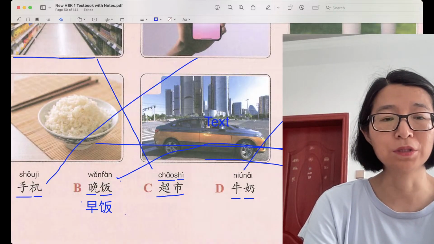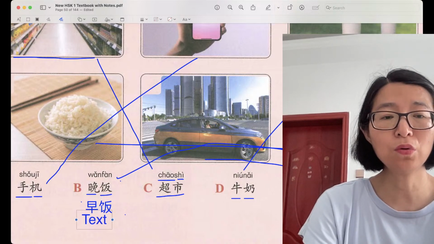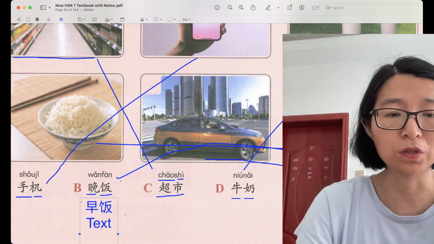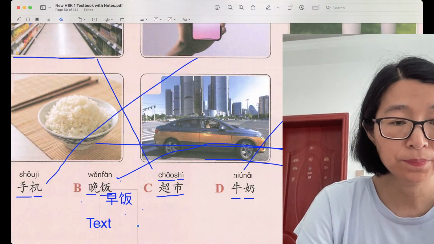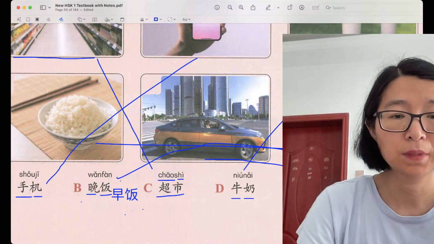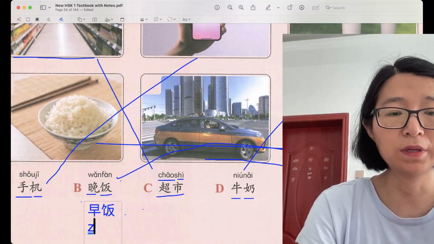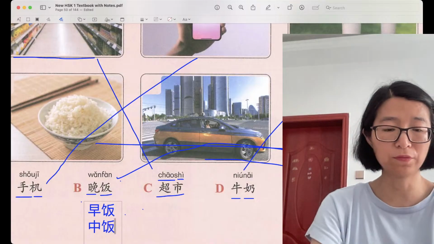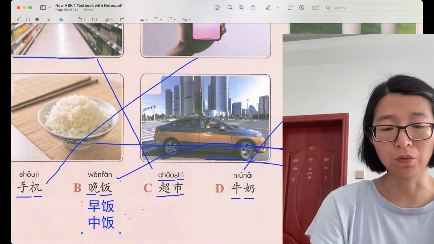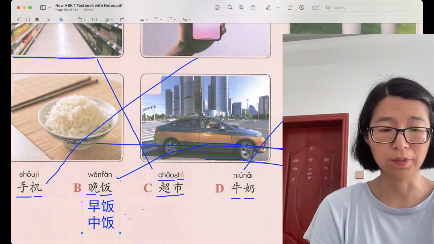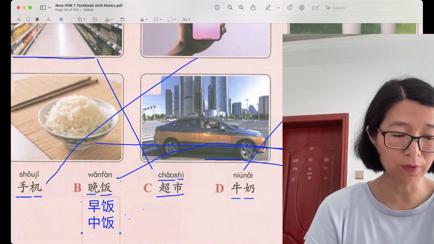Lunch is 中饭. 中 means middle. 中午, noon. So you can say 中饭 or 午饭.